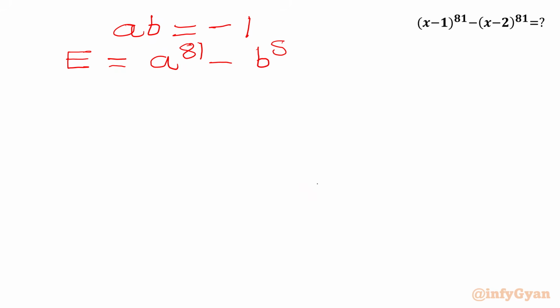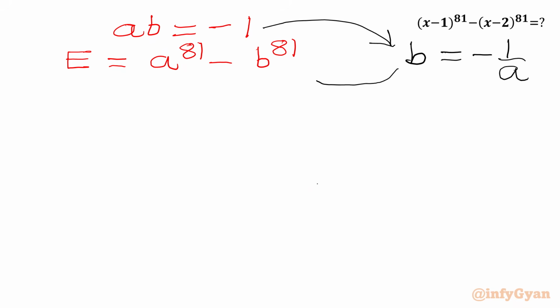Let me write here a times b equal to negative 1, and the required expression E is a power 81 minus b power 81. Now from the equation ab equal to negative 1, we can find b in terms of a: b equals minus 1 over a. x cannot be 1, so a cannot be 0, which we are going to apply over here.